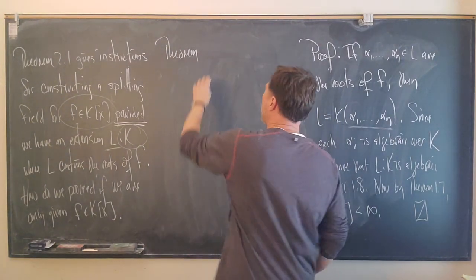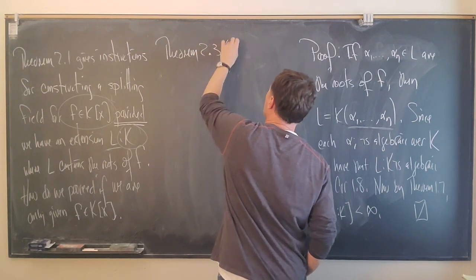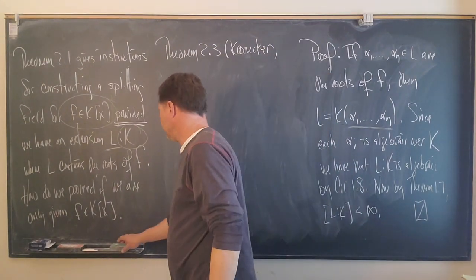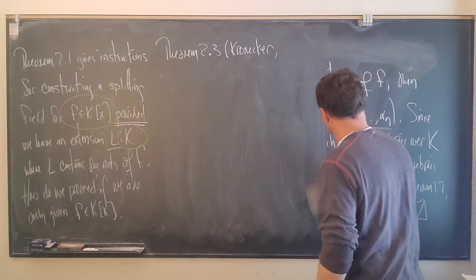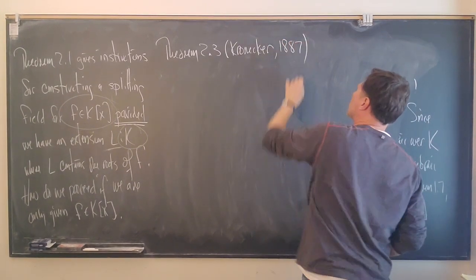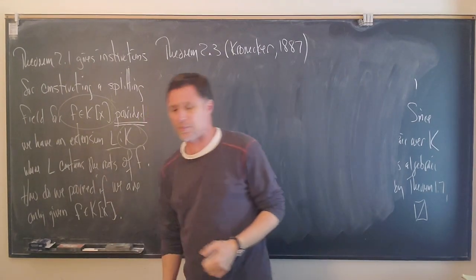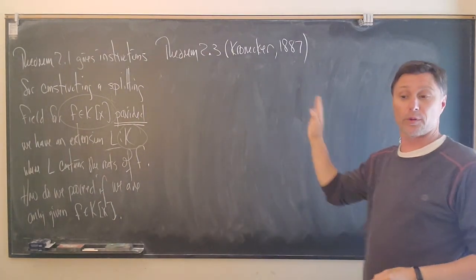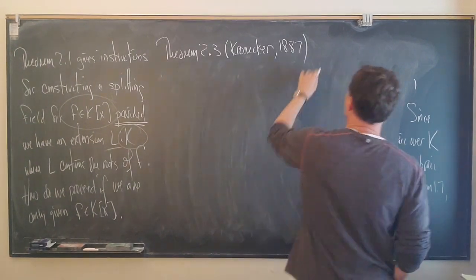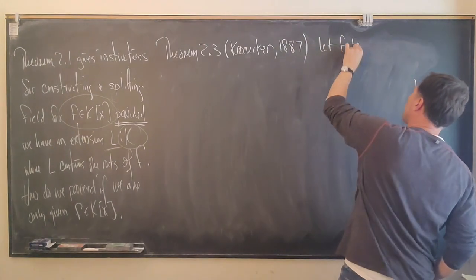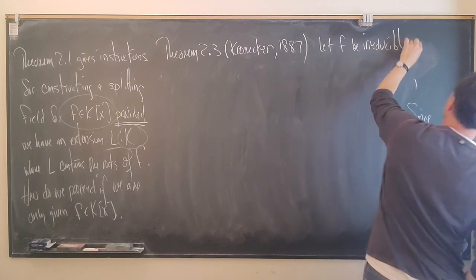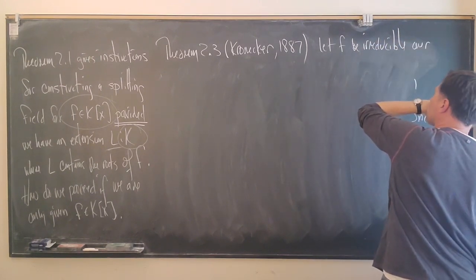Yeah, 2.3, and it's due to Kronecker, 1887. So when you hear, I mean, Kronecker obviously proved lots of stuff, but when people say Kronecker's theorem, this is typically what they're referring to as this theorem right here. So this is a famous one. So it goes like this. Let's let f be irreducible over K.